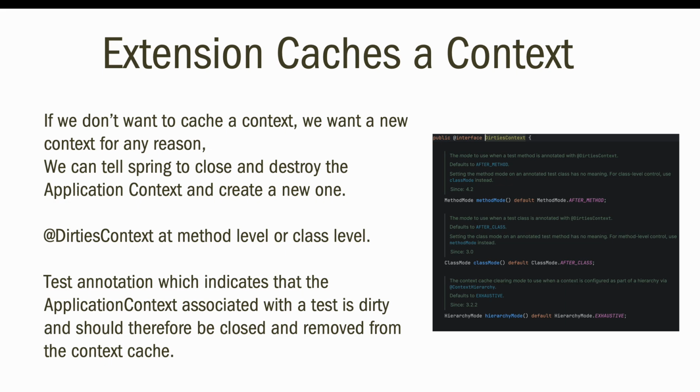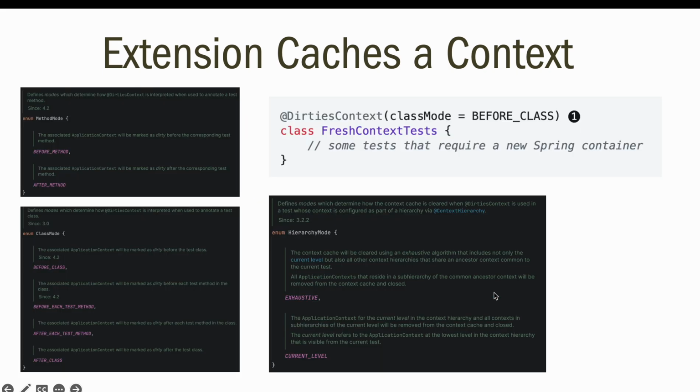So this is the definition of @DirtiesContext, or what it actually does. As you can see on the right here, we have the attributes of this annotation. We have method mode, class mode, and hierarchy mode.